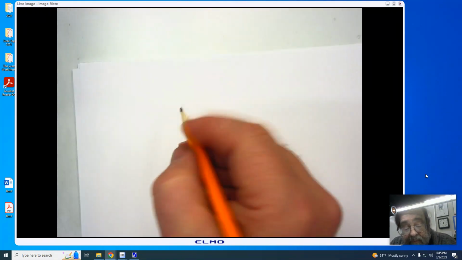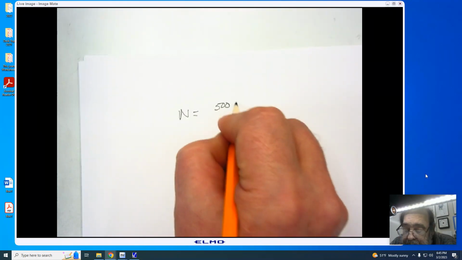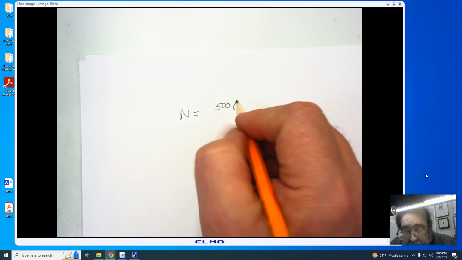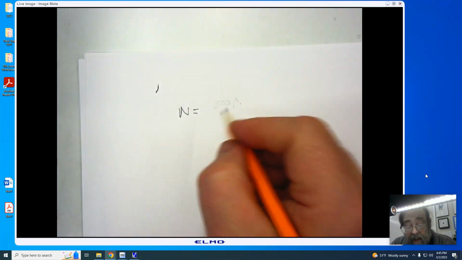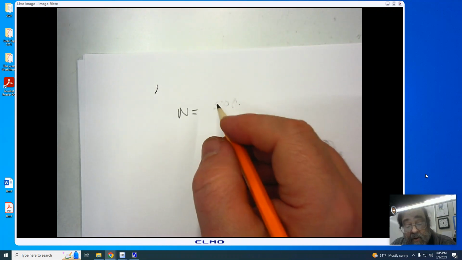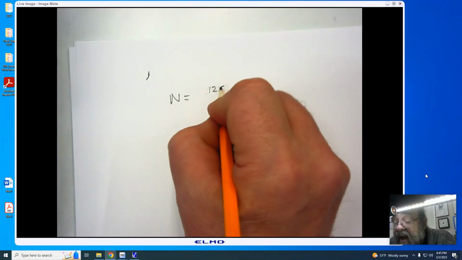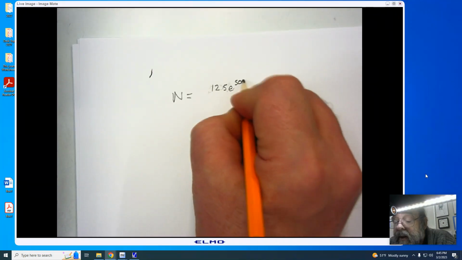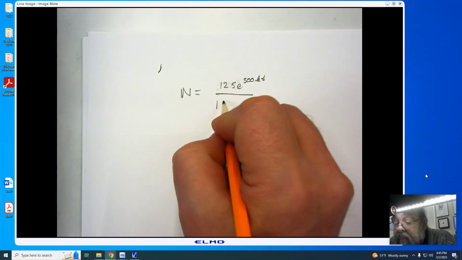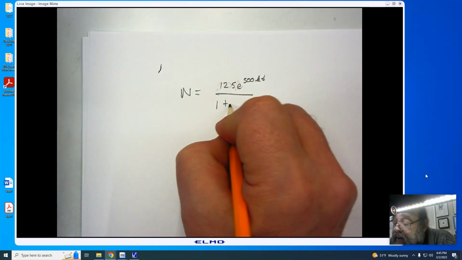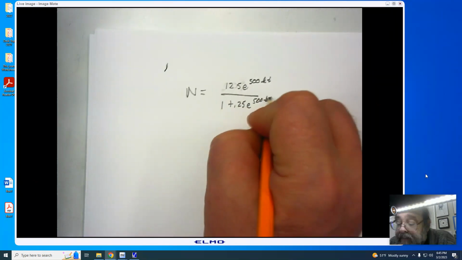So we now have our n is equal to 500 ce, let's put that 1/4 in and multiply, please. So I'm going to end up with, let's make sure I put this in correctly, 125 e to the 500 kt divided by 1 plus 0.25 e to the 500 kt.